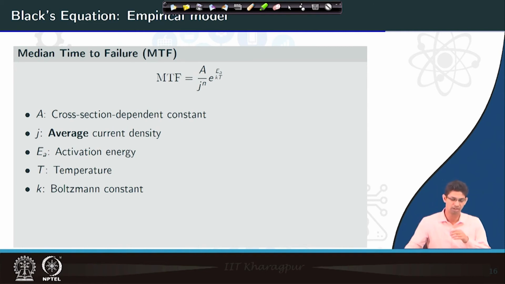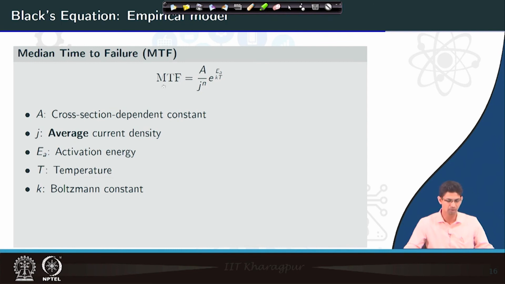So if your J is more, then your median time to failure will be less. So J comes in the denominator. Then EA is the activation energy that we will discuss, and T is the temperature. If your temperature is more, the e to the power term would be smaller, and your median time to failure would be smaller.